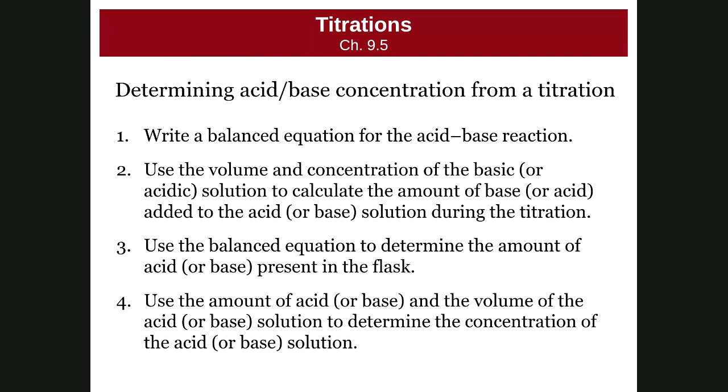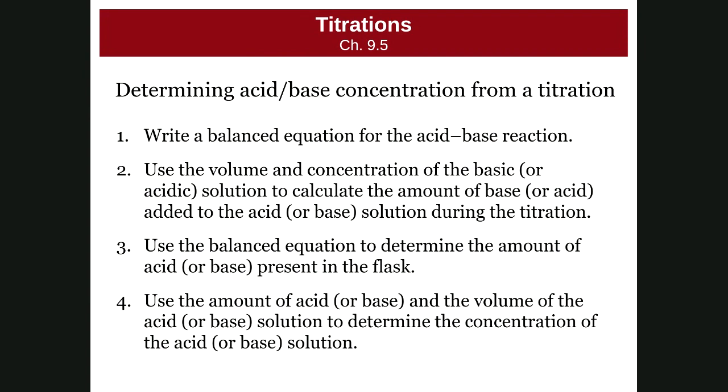All right, so moving on, when we want to determine an acid or base concentration from a titration, we have these steps. First, you want to write a balanced equation for the acid-base reaction. Next, you want to use the volume and the concentration of the basic or acidic solution to calculate the amount of base or acid that was added to the solution during the titration.